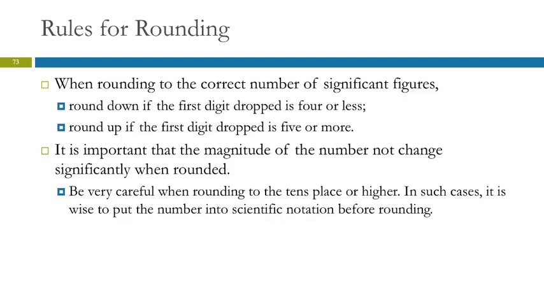So if we're rounding and where we're rounding is in the tens place or the hundreds place, we have to be careful. Okay, I'll show you an example. So let's say we have a little rental house and $125,473. We're going to round this to the nearest hundred.